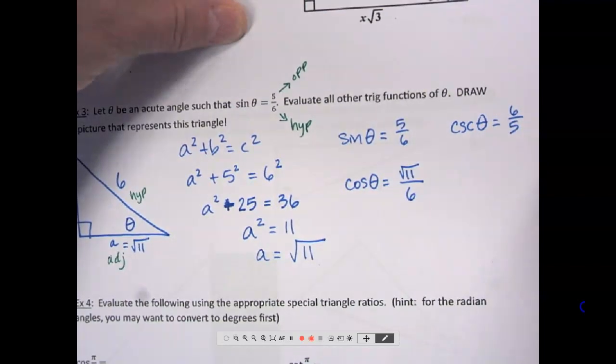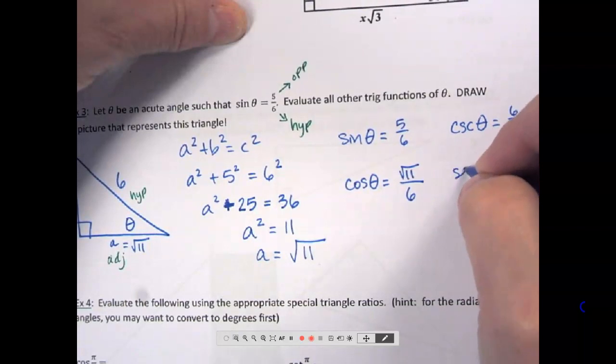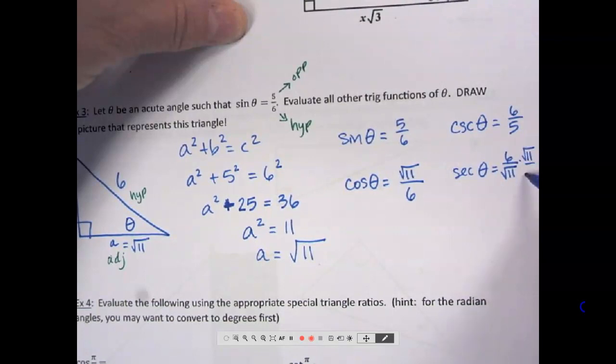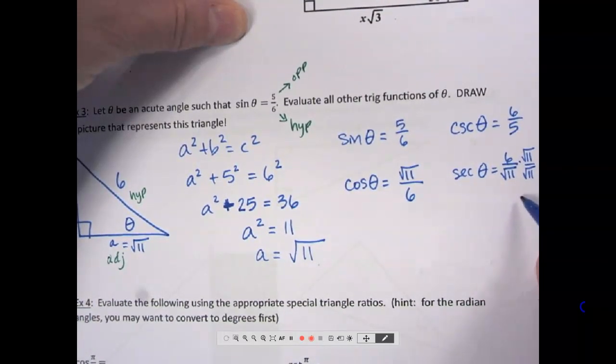What's the reciprocal of cosine? Secant. And the reciprocal is 6 over square root 11. I'm going to rationalize that. Multiply by square root 11 over square root 11, and I get what?